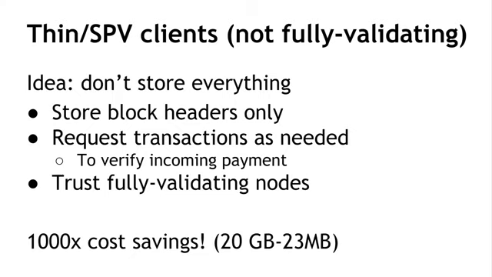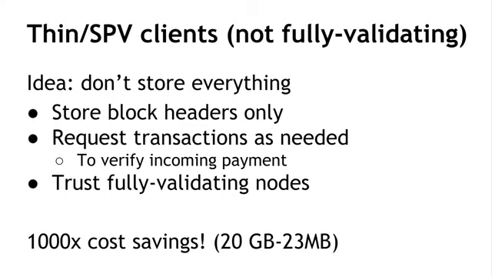Now, an SPV client like this won't have the full security level of being a fully validating node. The reason is that when they hear a new block, the only thing they can check is the block header. They can check to see that the block was difficult to mine, but they can't check to see that every transaction included in that block is actually valid because they don't have the entire previous blockchain. They don't know the entire unspent transaction output set. They can only validate the transactions that actually affect them.